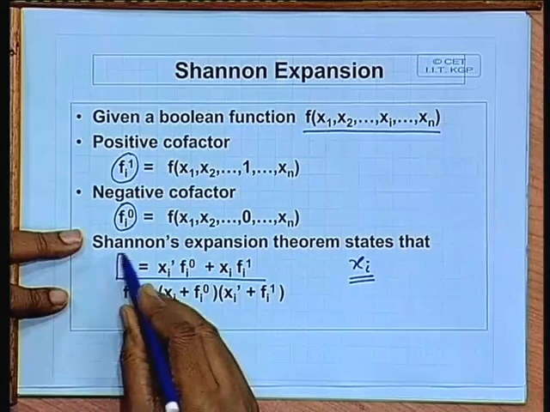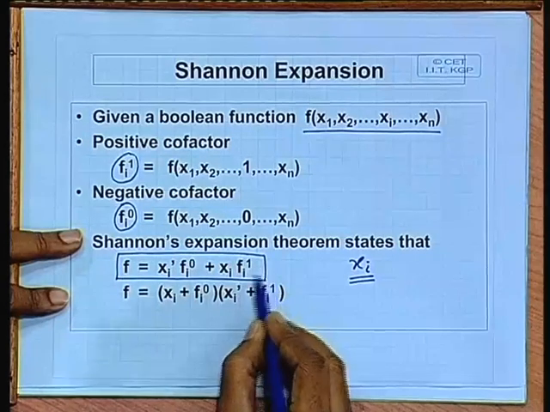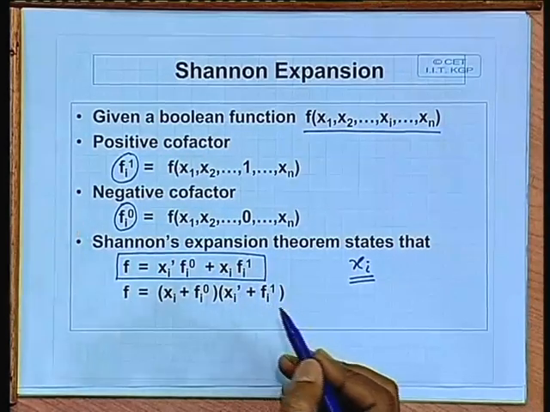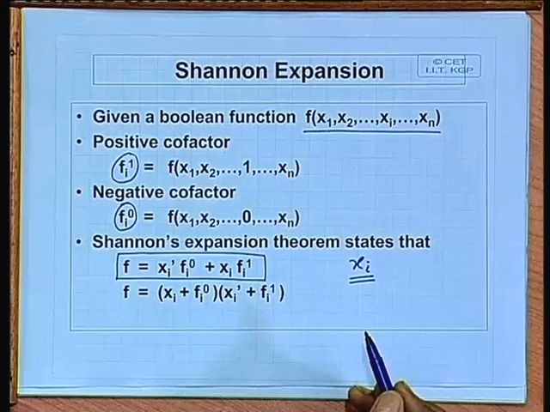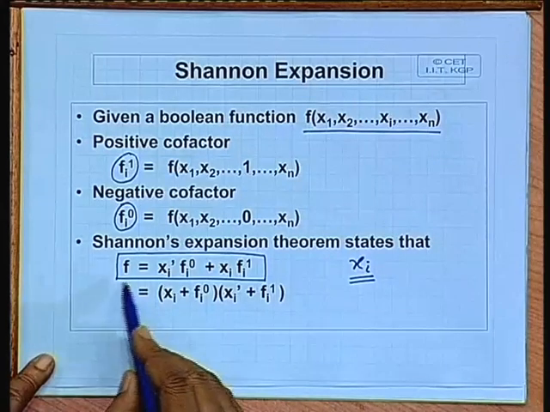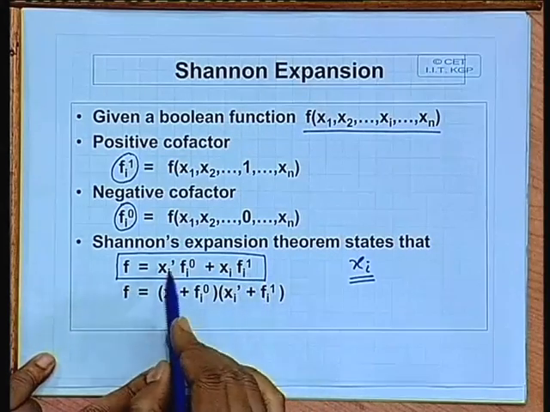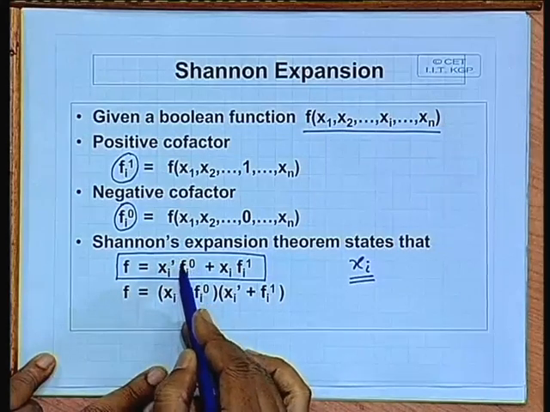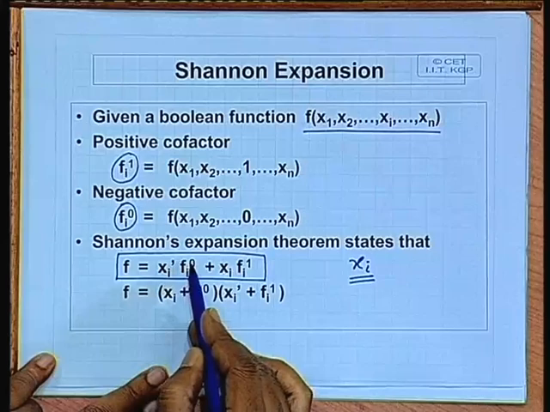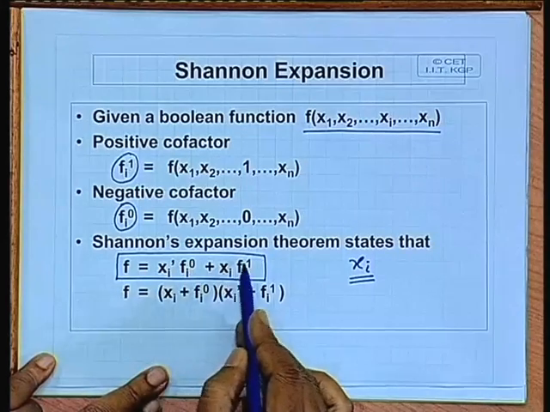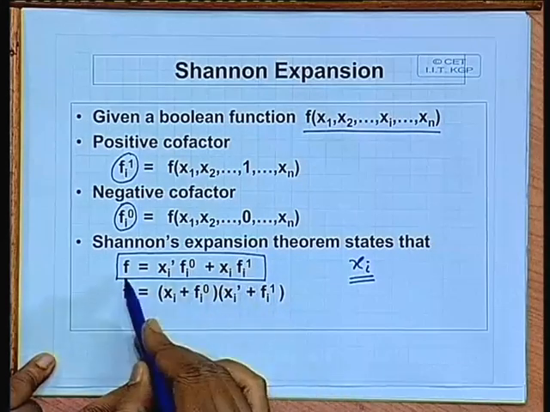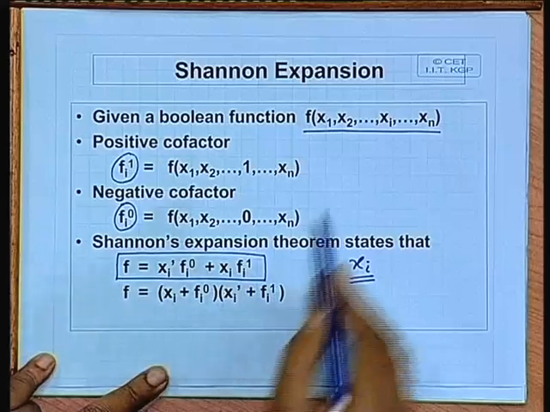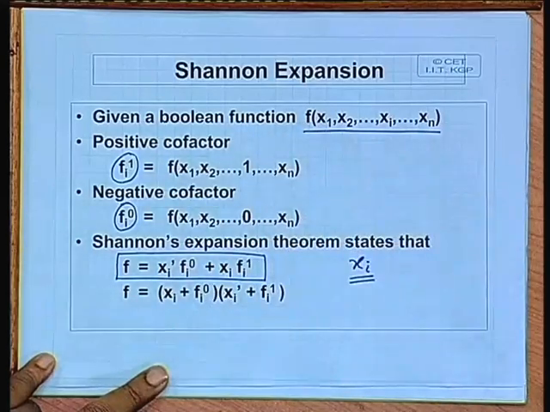This is the expression which we will be making use of when constructing the binary decision diagram. Essentially it means that I take xi prime and replace the ith variable by 0, and I take xi and replace the ith variable by 1. It can be proved that this indeed gives the original function.